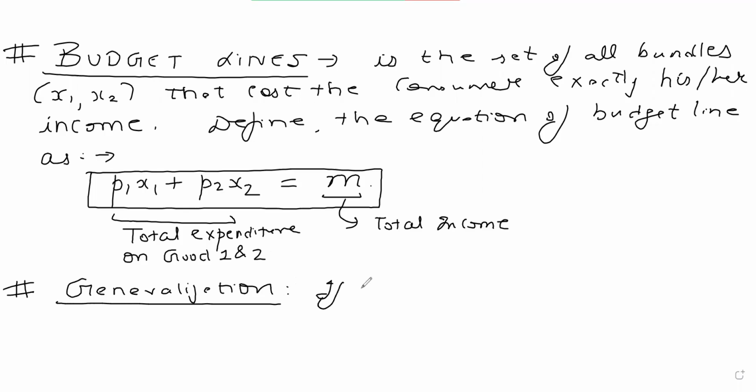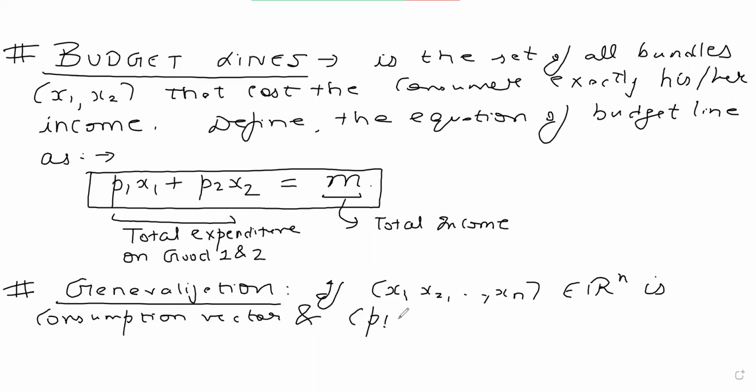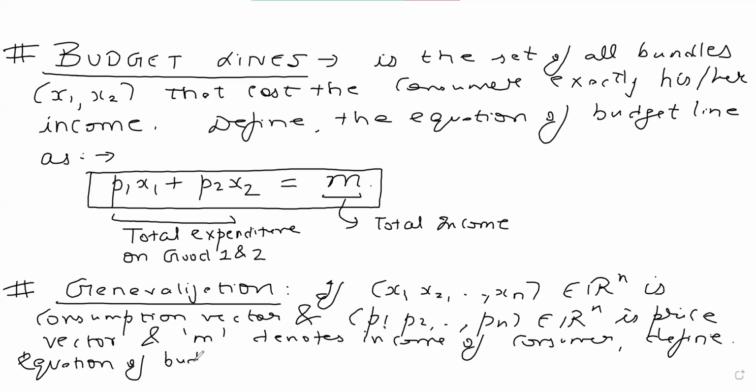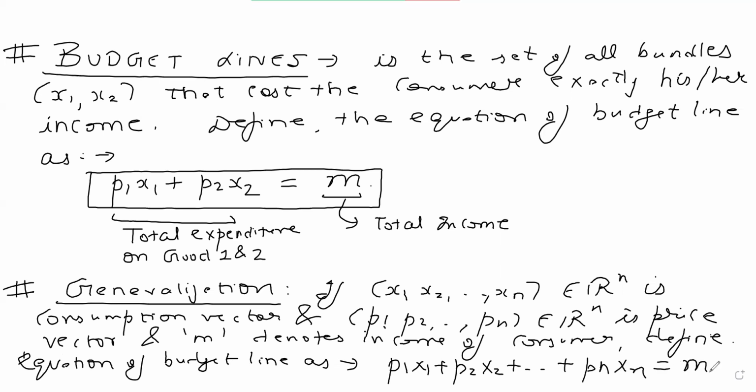If again (x1, x2, ..., xn) belonging to the Rn space is the consumption vector, and (P1, P2, ..., Pn) belonging to the Rn space is the price vector, and M denotes the income of the consumer, then define the equation of the budget line as P1x1 plus P2x2 plus dot dot dot Pnxn exactly equal to the income.